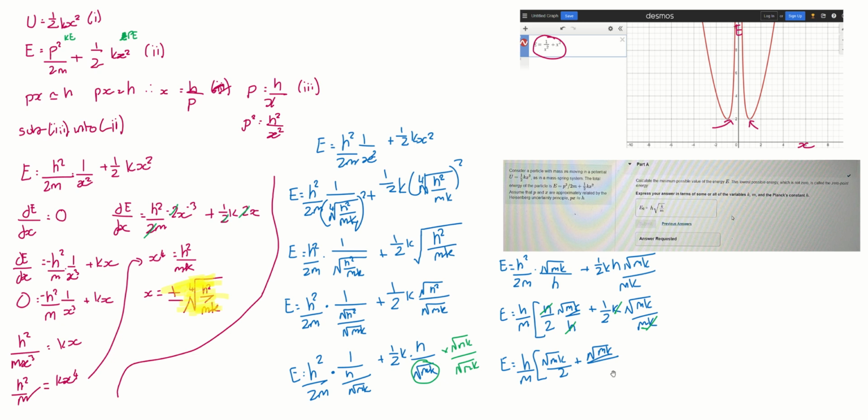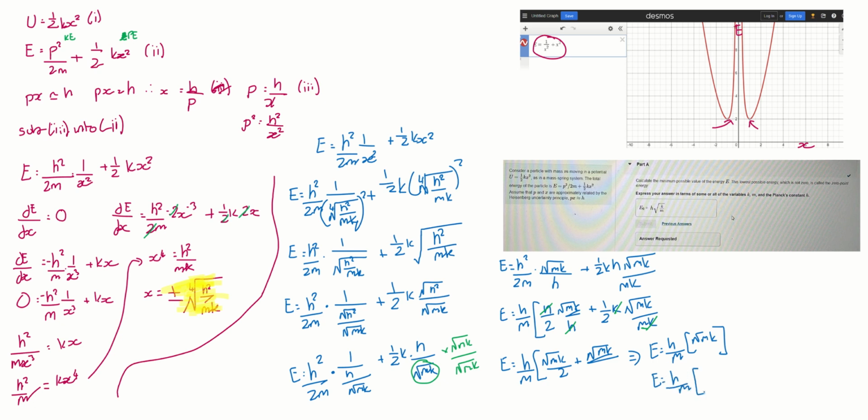So that implies, we're getting there eventually, E equals h over m. I'm going to keep the square brackets just so it matches. Root mk.